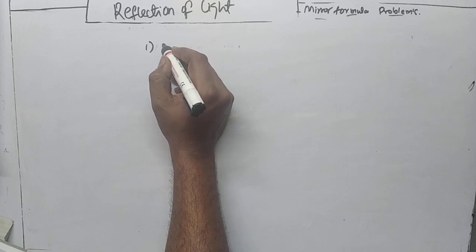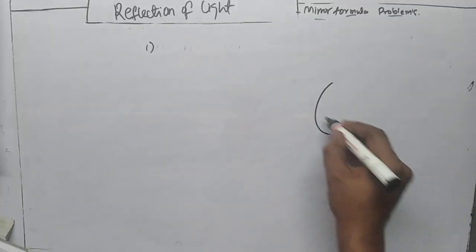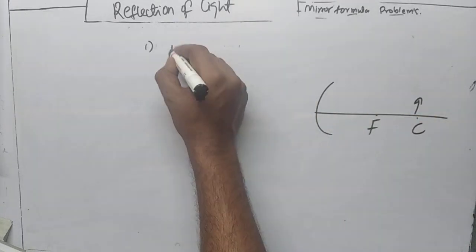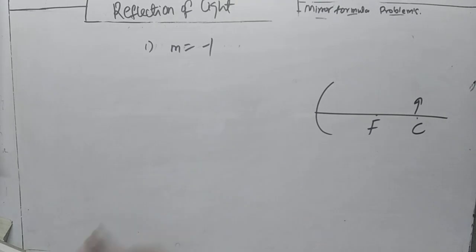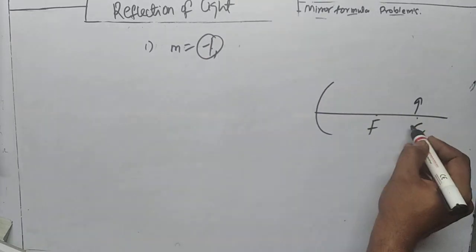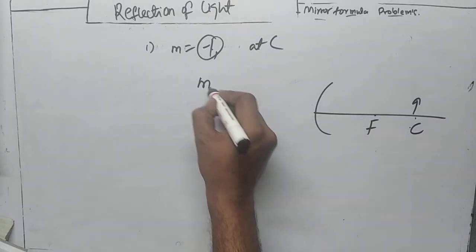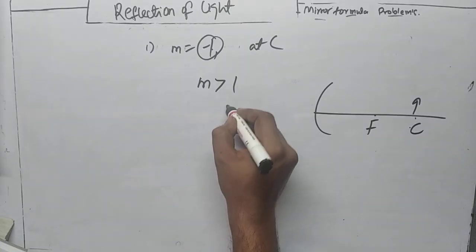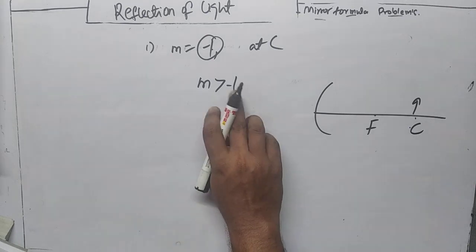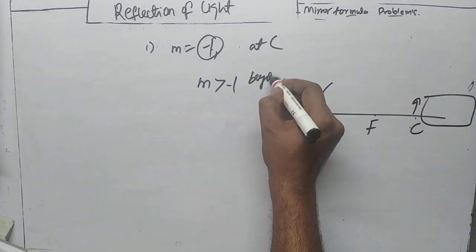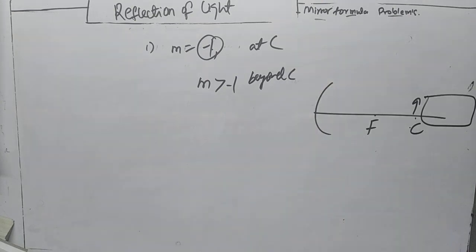When the object is kept behind C, this is the focus. The magnification will be -1 when the object is placed at C. The magnification will be less than -1 when the object is placed beyond the C.